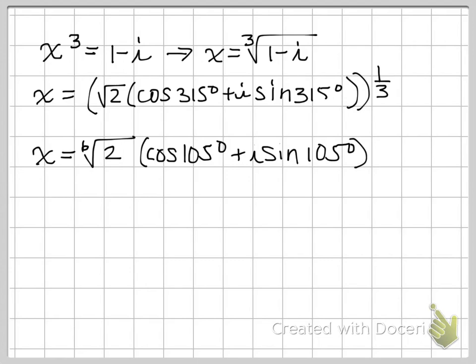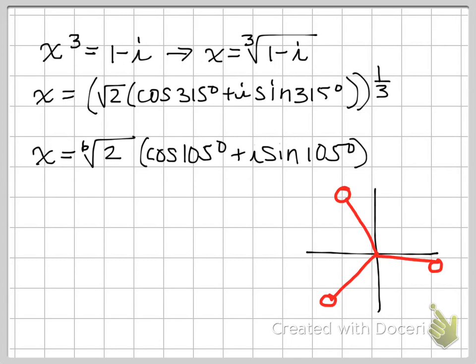All right, now you'll recall this, hopefully, in our previous work with roots of unity. I've got the first root, and it is right there at 105 degrees with a magnitude of the 6th root of 2. So the other 2 roots are evenly spaced, right? There's another one there, and there's another one there.